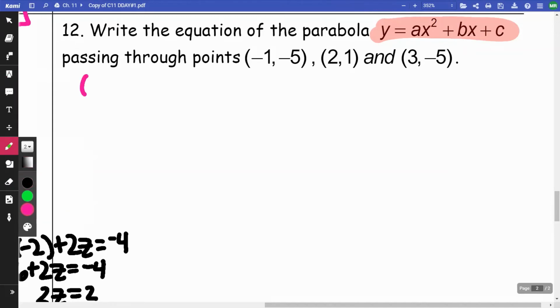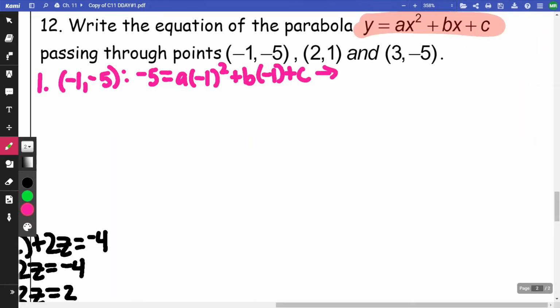First equation is going to be when I'm working out negative 1 comma negative 5. I'm going to put that into the equation. I'm going to get negative 5 is equal to a times negative 1 squared plus b times negative 1 plus c.